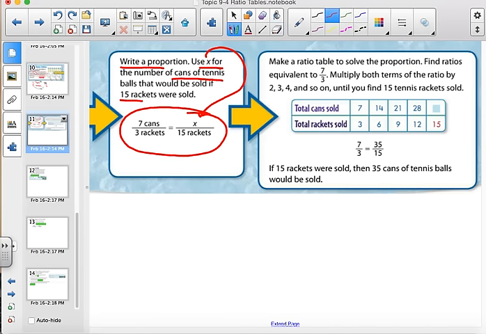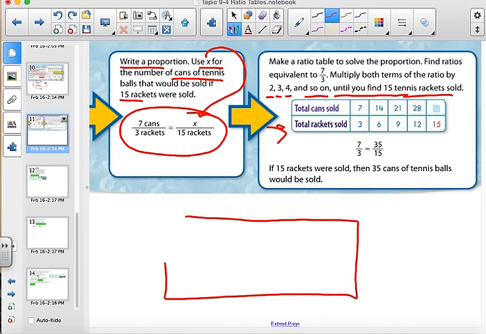If you look, we have our table, and here is our beginning ratio of 7 to 3, and we want to multiply both terms of the ratio by 2, 3, 4, and so on until you find 15 tennis rackets sold. So we've created this table, and you've got your cans of tennis balls and your rackets.